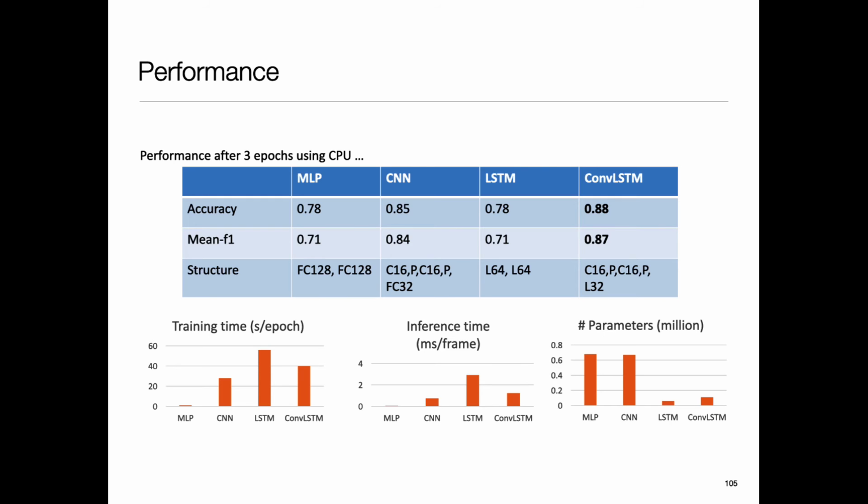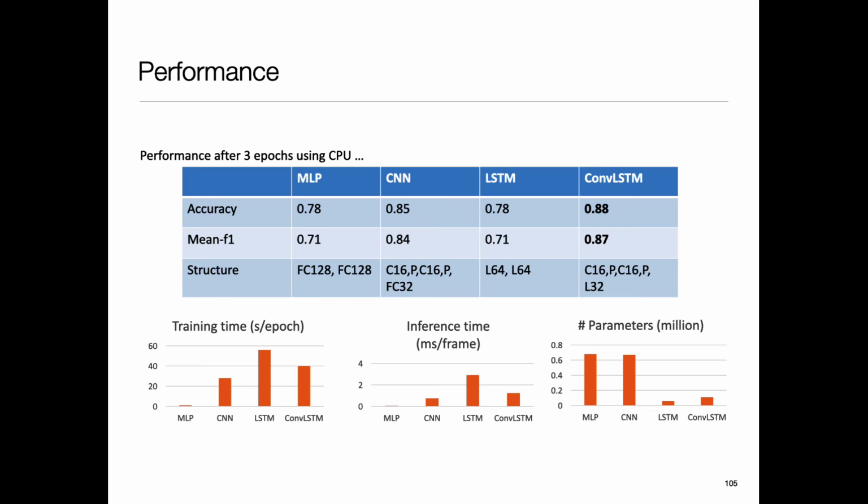You might think that, hey, this should do better, but the problem is for the same amount of data, if you have more parameters, then you can do worse because you don't have enough data. Then CNN, LSTM, and convolution plus LSTM. And in this case, you see convolution LSTM is doing the best. A lot of these things are a little bit hard to interpret.